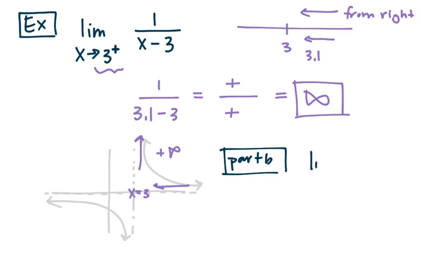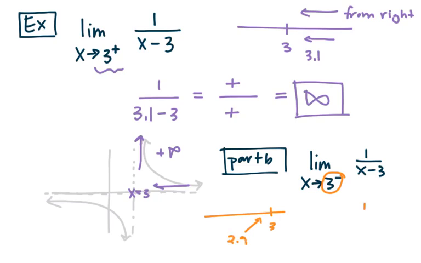And if we were to take this a little bit further, we'll say part B of this problem, find the limit as x approaches 3 from the left of that same function, 1 over x minus 3. So approaching 3 from the left, if this is 3, something on the left side might be 2.9.